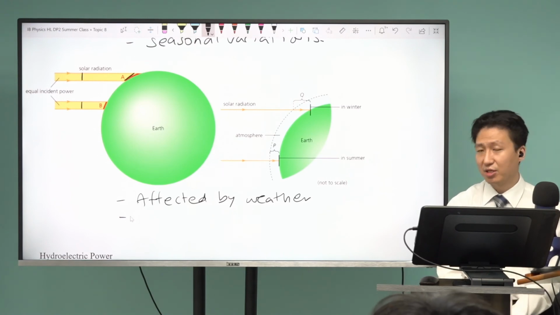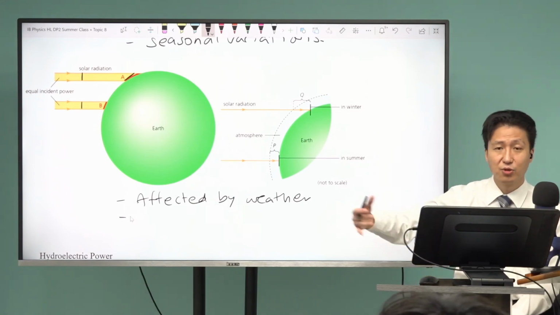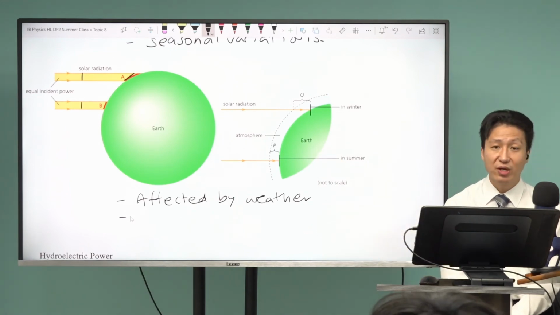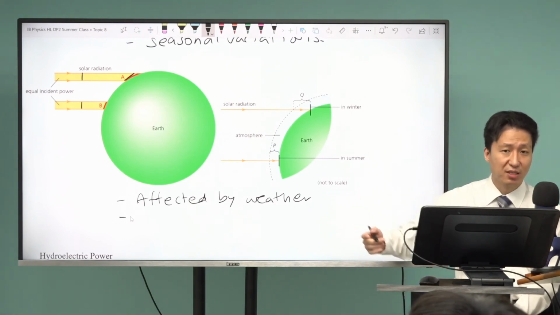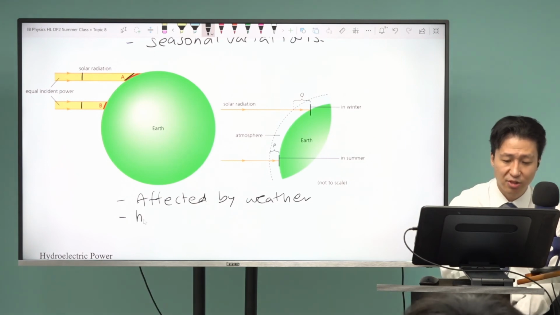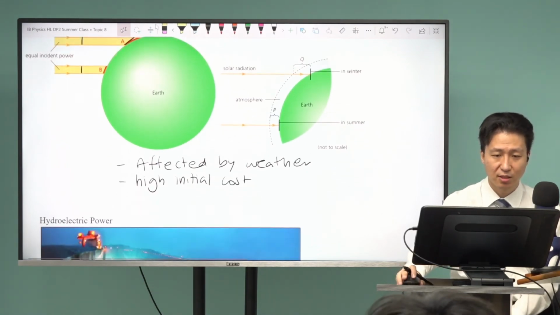Among the other things is the cost. I quoted a cost of about $100 to $200 per square meter, right? That means that per watt, it's very expensive. So there's a high initial cost. Right?